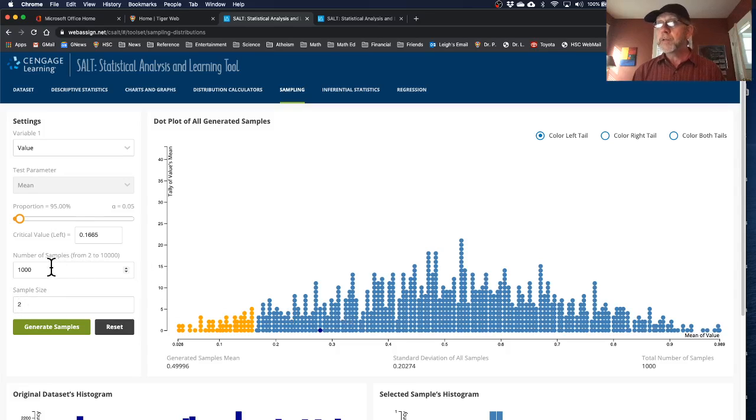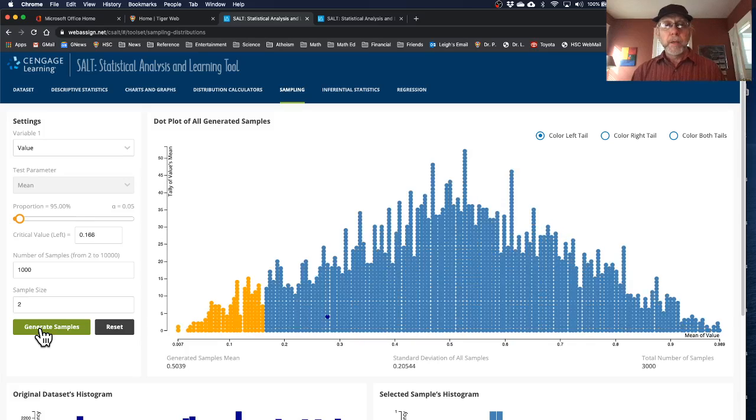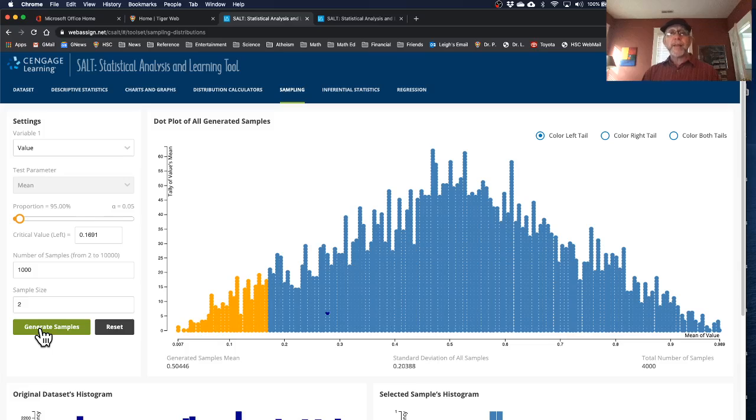And so let me just do this a few more times so we can build up a few more dots in our picture. So already you see that the sampling distribution of the sample mean, even when the sample size is small, like 2, is not uniform anymore.